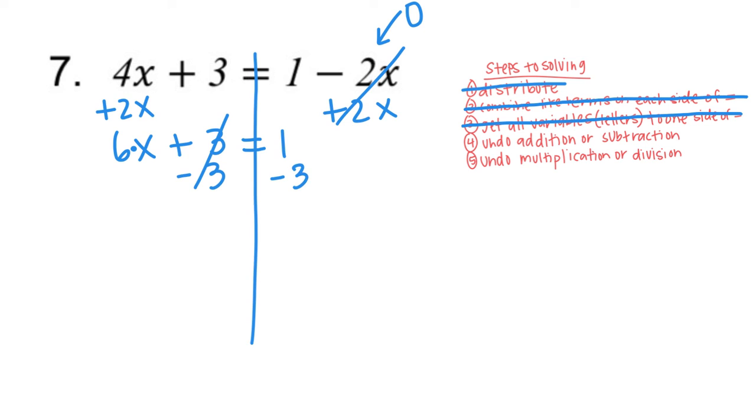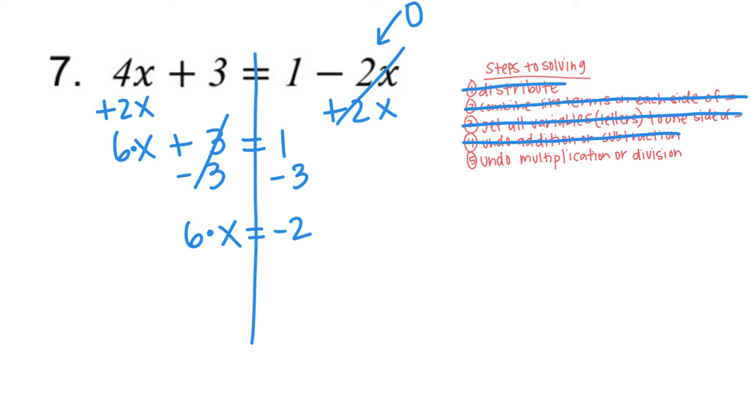So I'm going to subtract 3 on the other side. So I have a 6 times x equals, and 1 minus 3 is negative 2. So we're just left with that 6 times x.